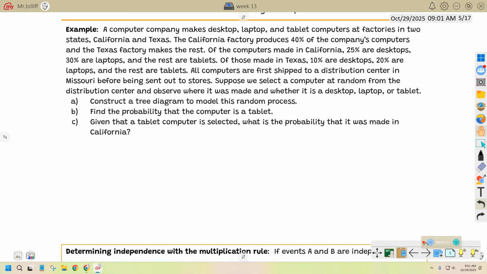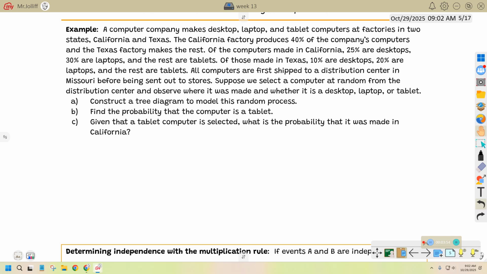So our next example says a computer company makes desktops, laptops, and tablet computers at factories in 2 states, California and Texas. The California factory produces 40% of the company's computers. Texas factory makes the rest. Of the computers made in California, 25% are desktops, 30% are laptops, the rest are tablets. Of those made in Texas, 10% are desktops, 20% are laptops, the rest are tablets.